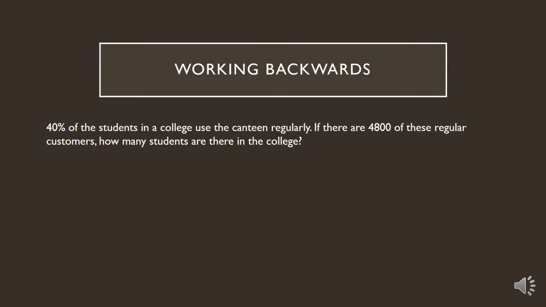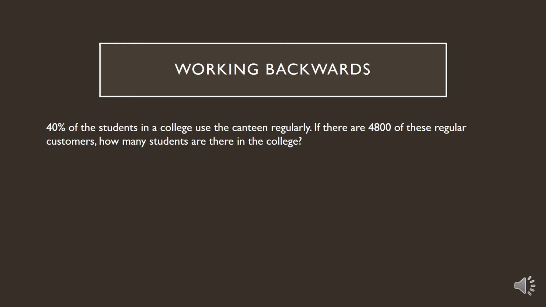Now, another way you can be quizzed on percentages is to work backwards. Here's an example. 40% of students in a college use the canteen regularly. If there are 4,800 of these regular customers, how many students are there in the college? So it's giving you a percentage and a portion of the full college population.